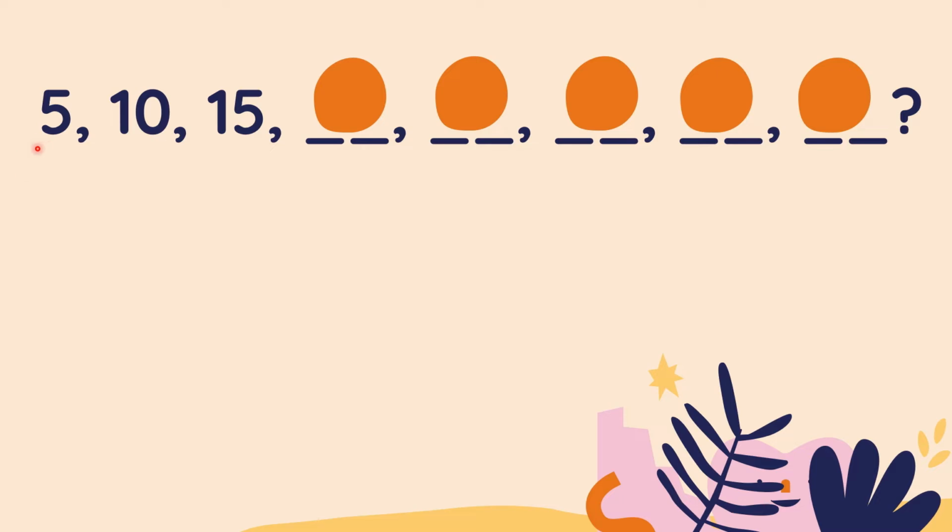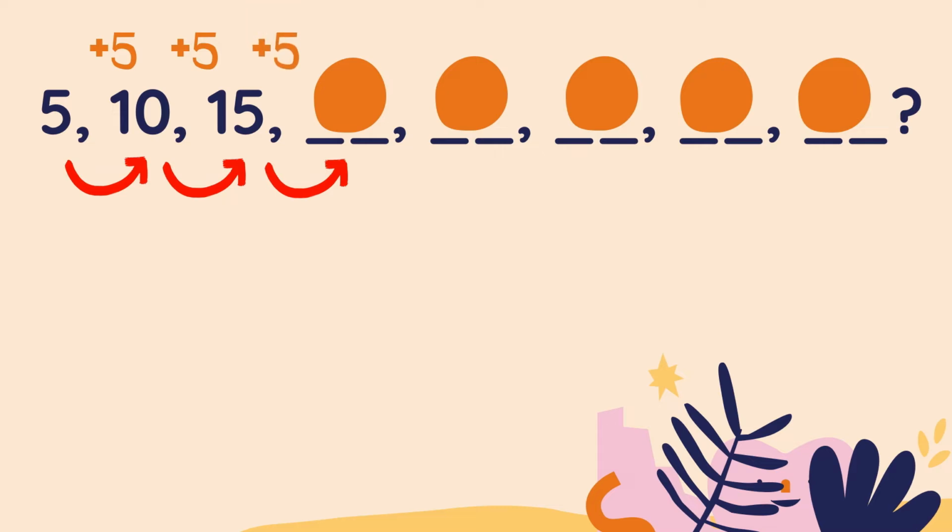As you can see, 5 became 10 and 10 became 15. To get 10, we add 5. To get 15, we add another 5. So what's next? If we are going to add 5, the next is 20.